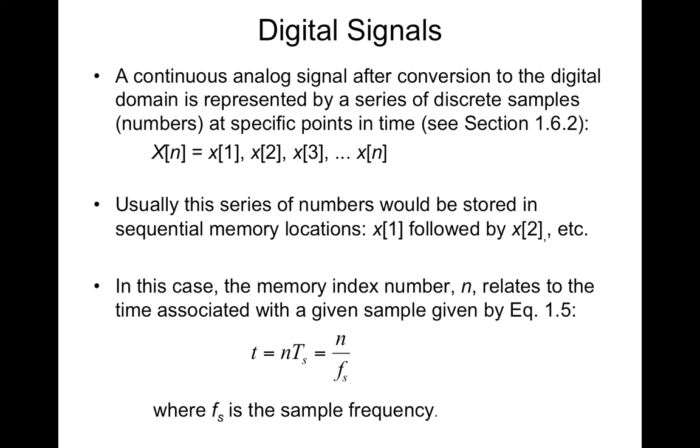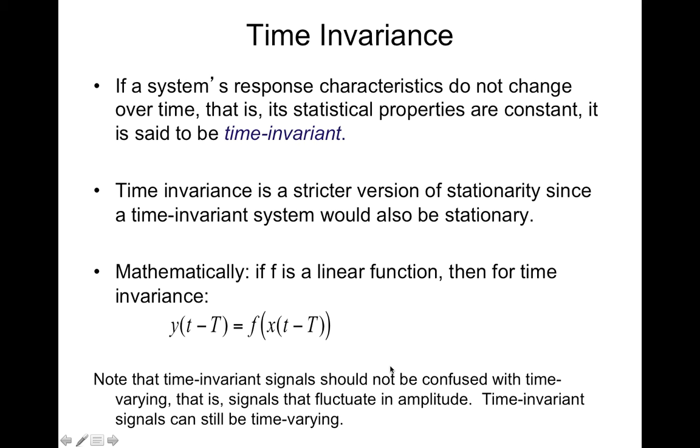This is important because when you do calculations in MATLAB, it's going to automatically show whatever you're calculating as a function of index number. So unless you manually give it a time scale and ask it to plot as a function of time, you won't get a plot as a function of time. You'll get it as a function of index number.